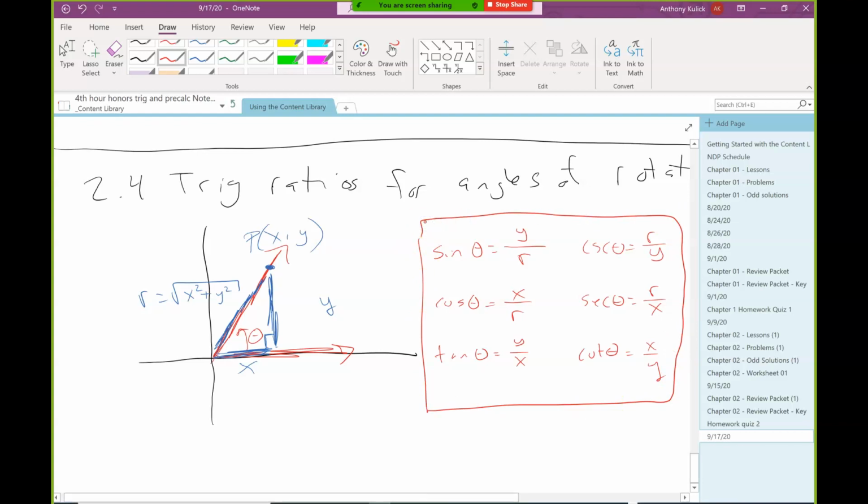Notice that these new definitions of sine, cosine, and tangent no longer depend on sides of a right triangle. They depend on the coordinates of our point and the distance from our point to the origin.